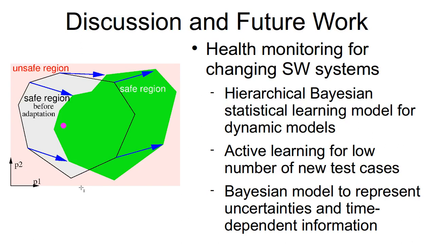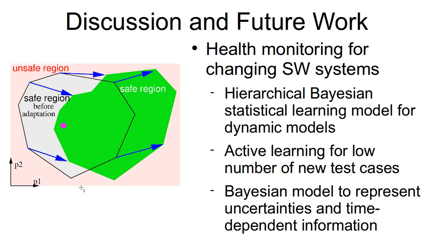Of course, we have to generate and execute test cases. Our active learning is suitable for generating a low number of new test cases, and these test cases are, with a high probability, very relevant to finding the safe region.